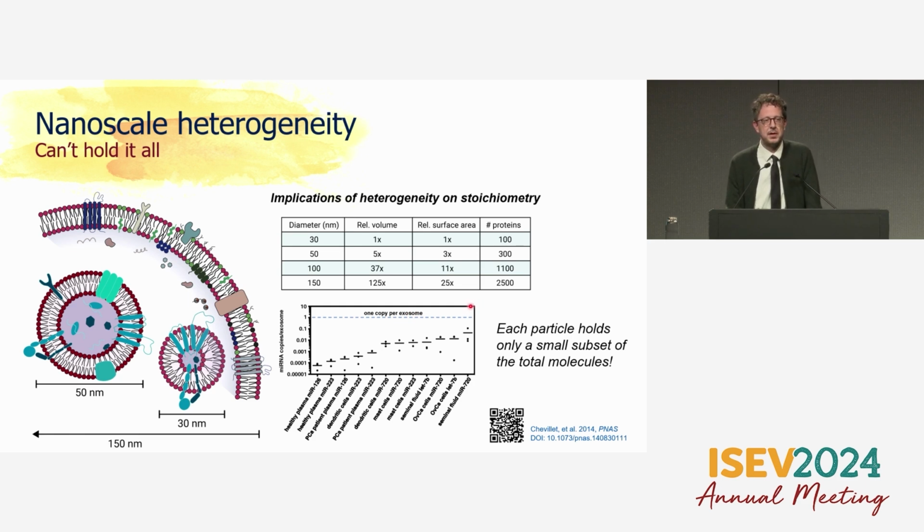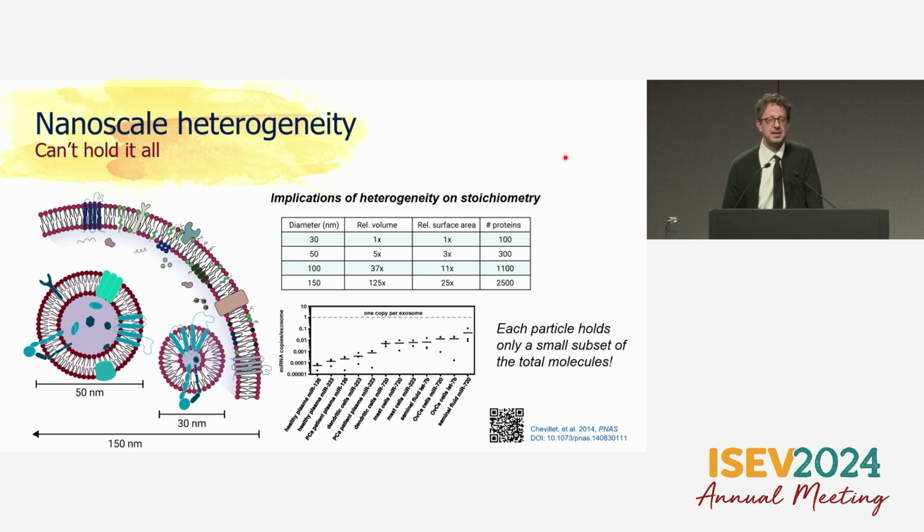So the situation is probably much worse than this, or better if you're a fan of EV heterogeneity. You can see that even for the most abundant microRNAs, there is not enough to fit in every single vesicle. So of course, these things are highly heterogeneous, and each vesicle only carries a very tiny subset of each individual molecule that you're looking at.